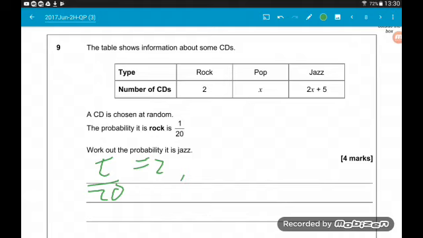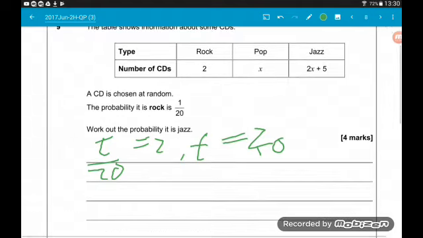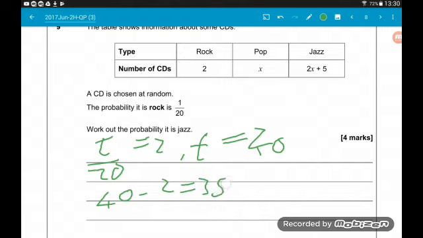Now if we multiply both sides of that by 20, we work out the total number of CDs is 40. So 2 times 20 is 40. So now altogether, we know then there are 40 CDs. So we know if there are 2 rock CDs, and pop and jazz make up 40, take away 2, which is 38.